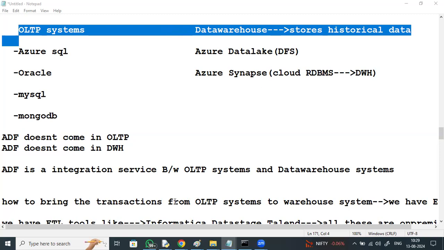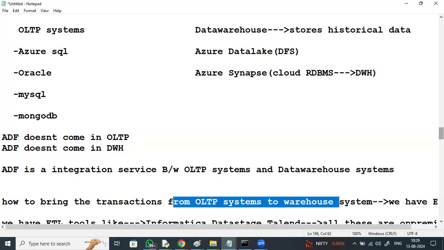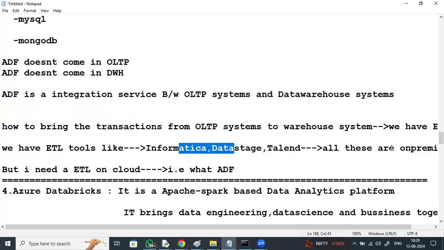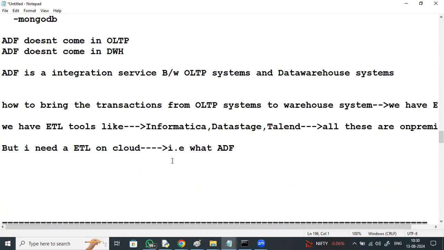So to bring the transactions from OLTP systems to the warehouse, we need ETL, and ADF behaves like an ETL. We already have ETL tools like Informatica and DataStage, but they are on premises, and I need an ETL on cloud. That is ADF.